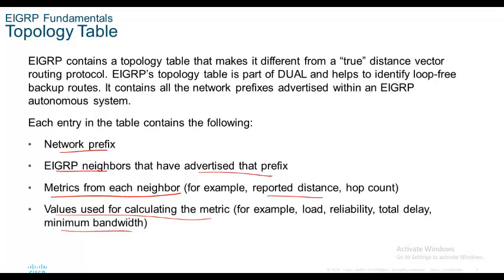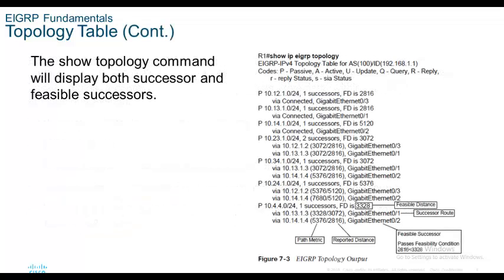And in this, P means passive. Passive means it's a settled, well settled route. You should not have active. Active means it is searching for a path. So the topology table shows the successor and the feasible successor.